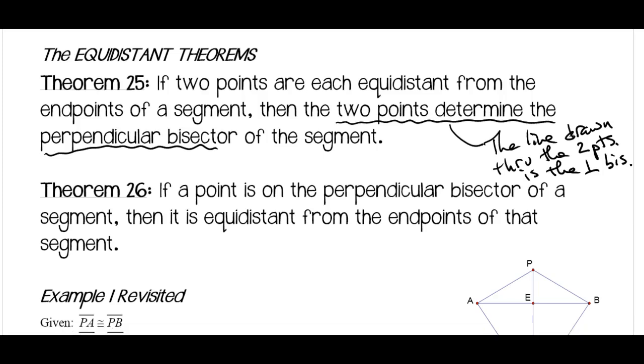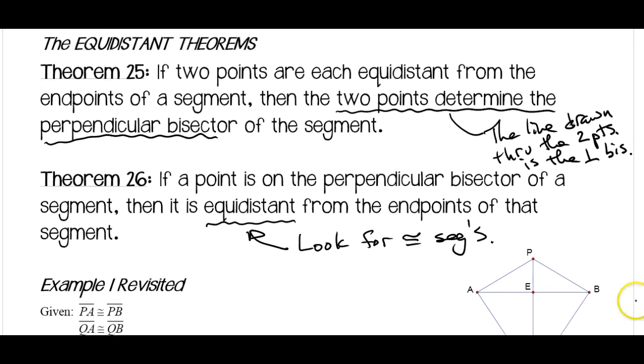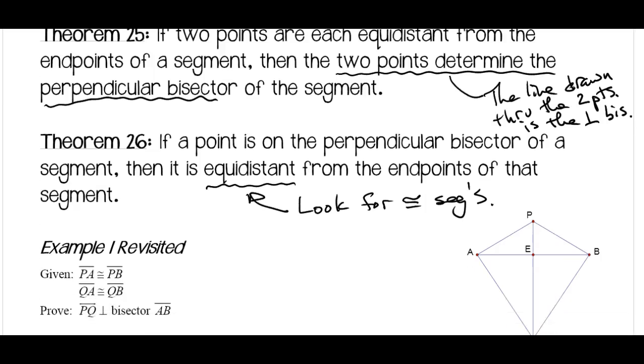Alright, and then theorem 26 is kind of sort of a converse, not exactly. It says if a point is on the perpendicular bisector, then it is equidistant from the endpoints of that segment. So when you see this word equidistant, you want to look for congruent segments. Alright, so these are our 2 new theorems for the section. Very, very important. Make sure you do all the homework from the section and ask questions if you need to.